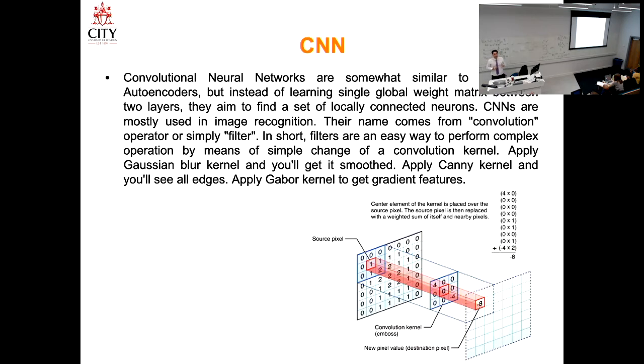The idea is to find the values in those masks, not to hard code them. You remember in lecture 2 or 3, we could hard code them. We said if this is 0, 1, 0, 0, 0, 1, and things like that, we could detect edges, enhance edges, we could blur the image, things like that.